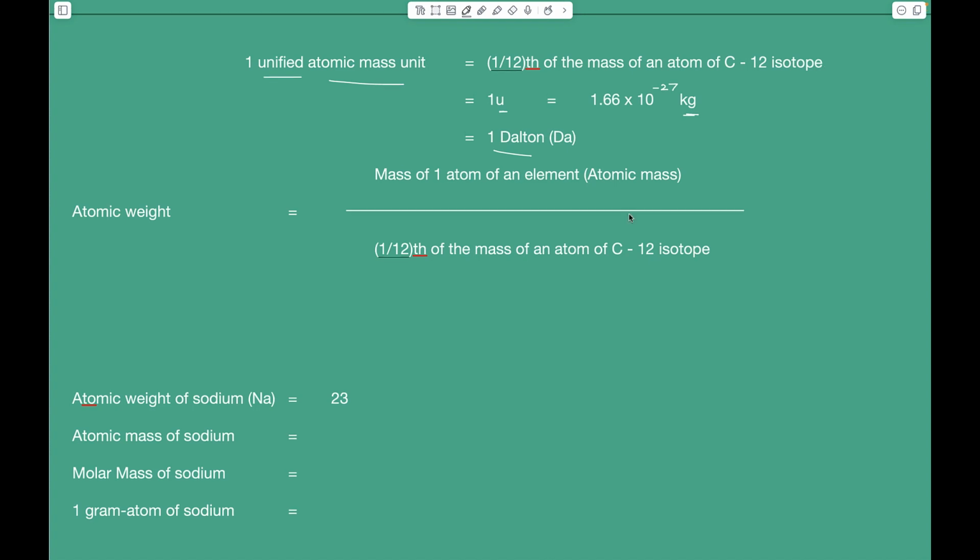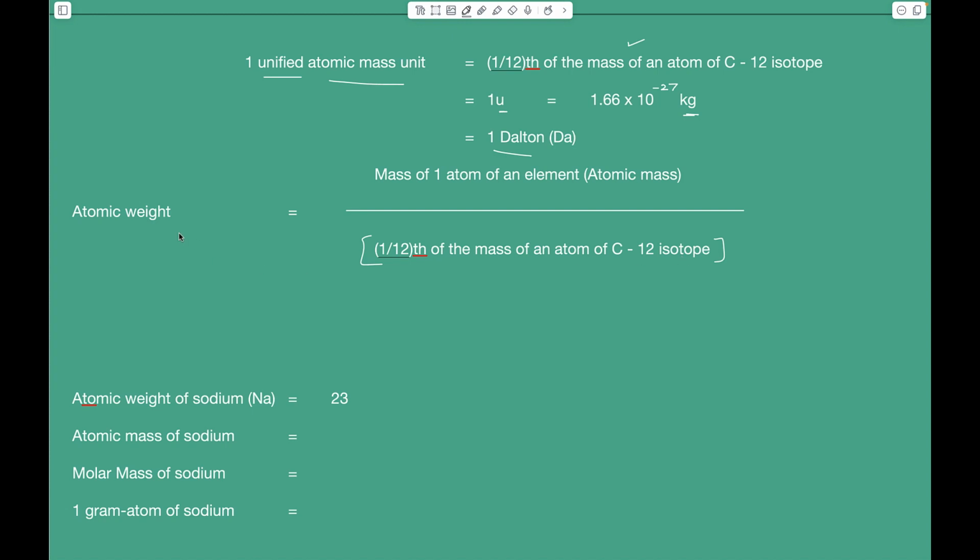And for atoms, John Dalton defined something known as atomic weight. It is by definition the ratio between the mass of one atom of the element and the mass of some reference or standard that is used to measure the masses of atoms. And you know the latest reference is one unified atomic mass unit, so that is why we have this in the denominator here.